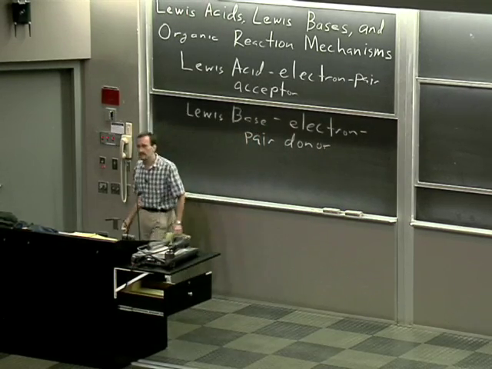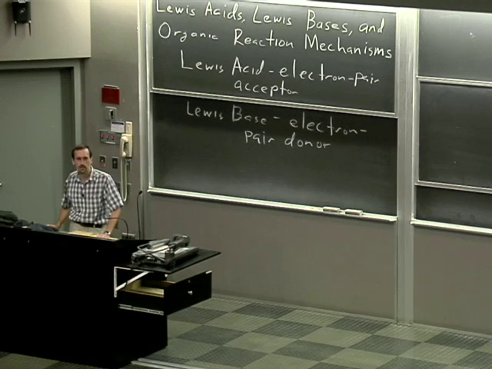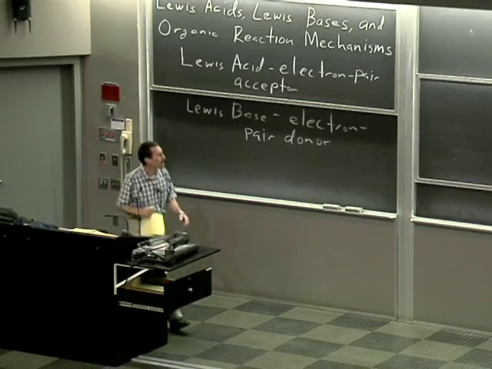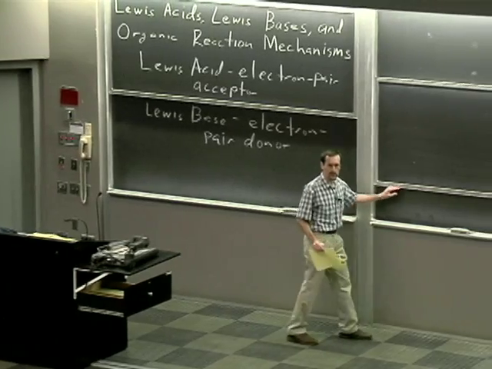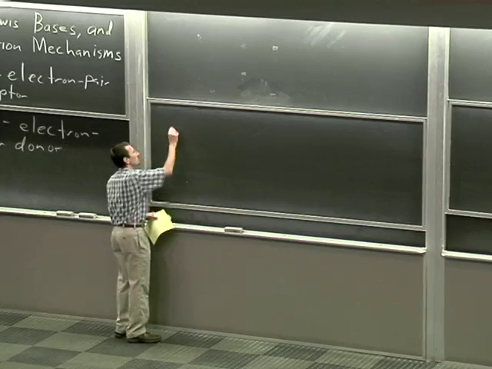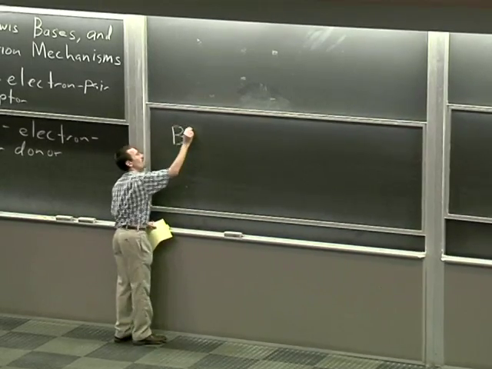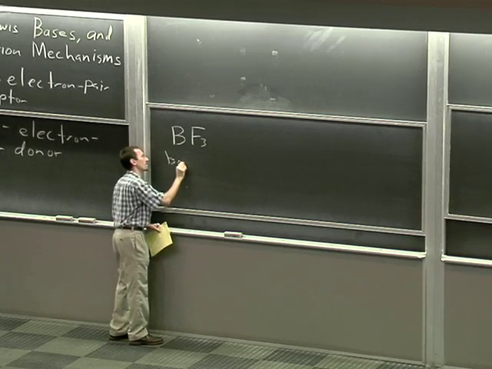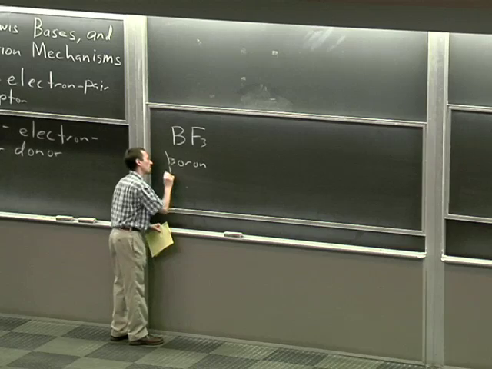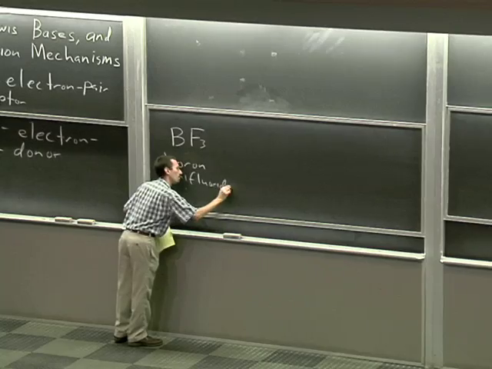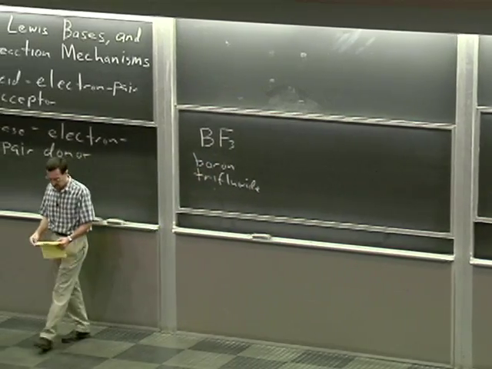And I'll write an example of a Lewis acid, Lewis base reaction that's probably not so dissimilar to things that you've seen in general chemistry. Maybe one of the molecules is an organic molecule, but maybe you've even seen this reaction before. So let's look at the reaction of boron trifluoride, BF3, with diethyl ether.